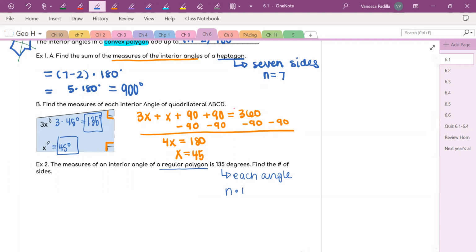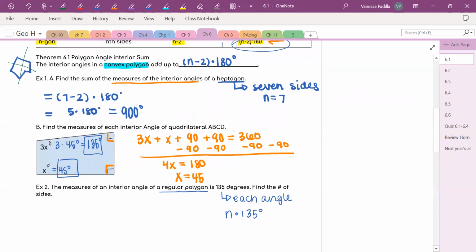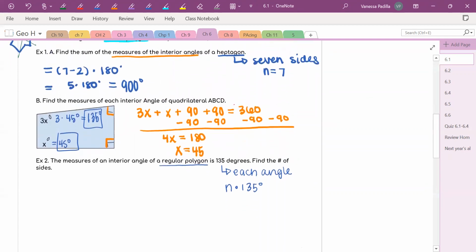Oops, my marker I think is dead. Oh, there it is. Okay, so that's how to find the measures of all the angles, but then I also have our special formula again. So I could also set it equal to that. So n times 135 equals n minus 2 times 180.